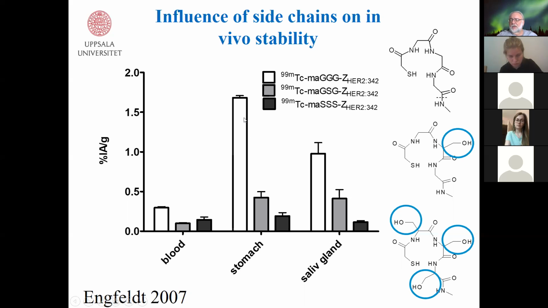So there was a clear reduction of activity in blood, but also in stomach and in salivary gland. This effect, at least for stomach and for salivary gland, was even more pronounced when we had 3 serines here instead of 1.